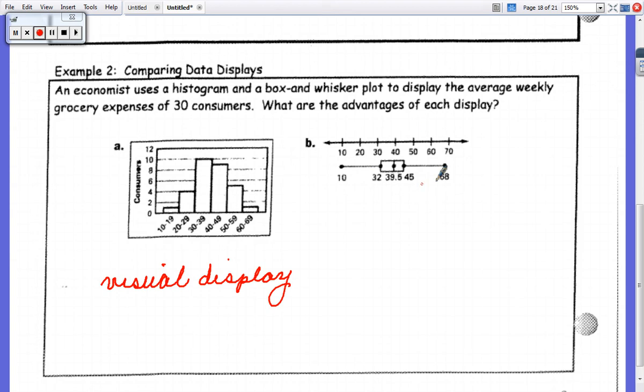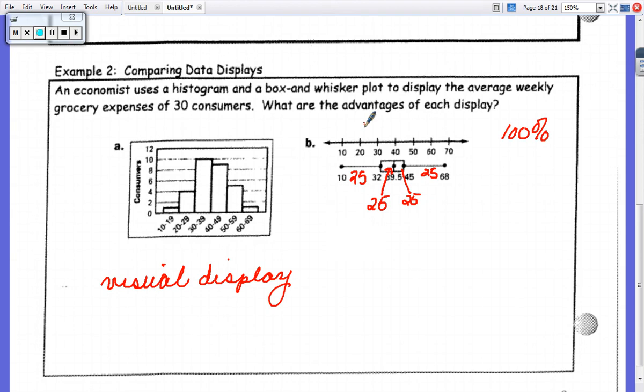And when you look at a box and whisker plot, it's divided into 4 categories. So if everything added together makes up 100% of your information, then each little section here is 25%. 25% is right there, right here, and this higher 25%.